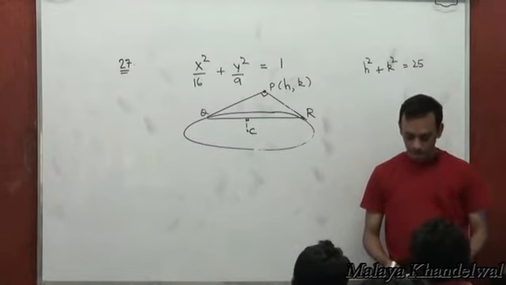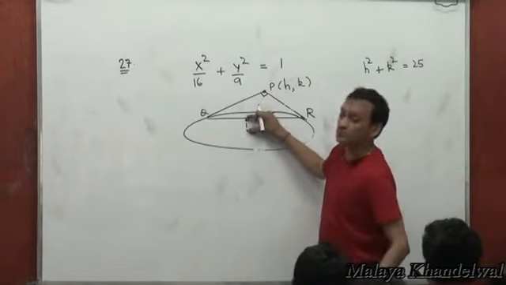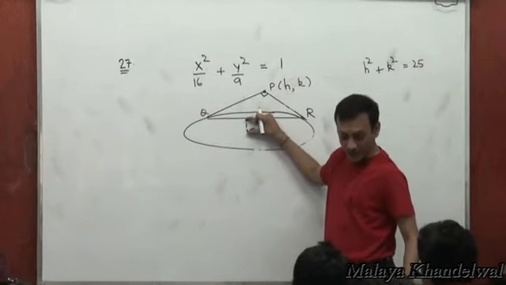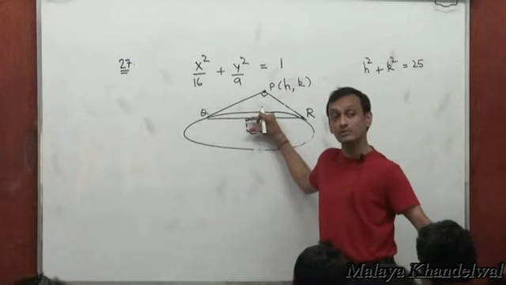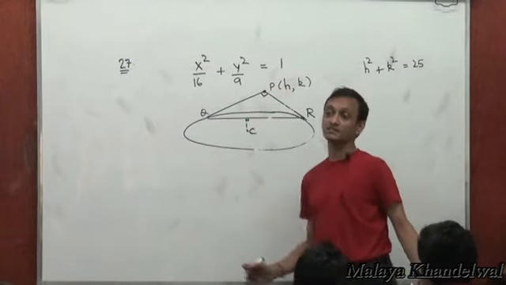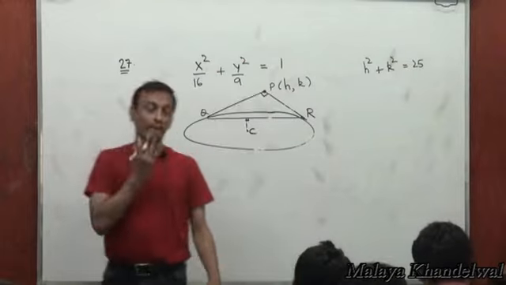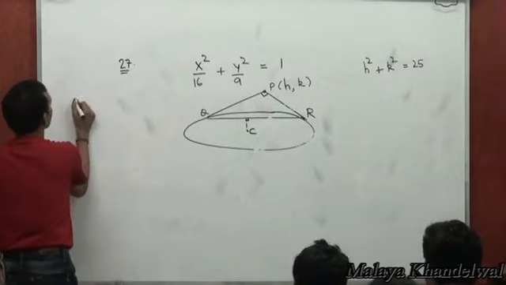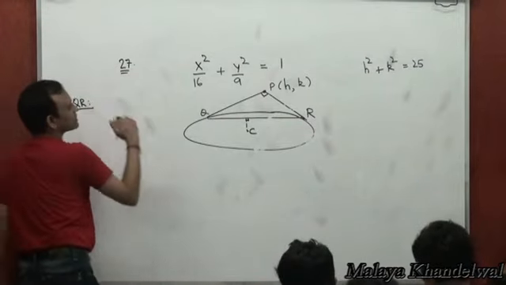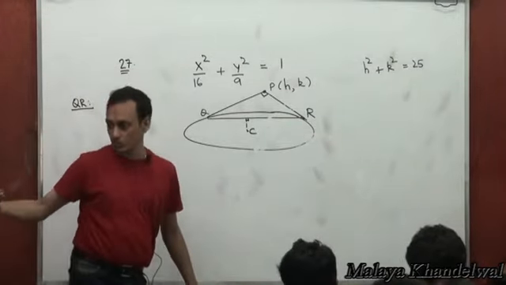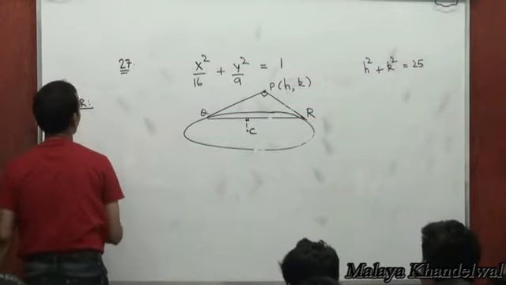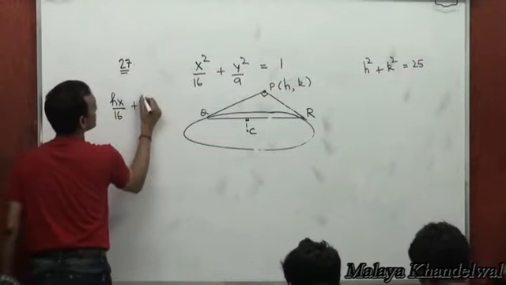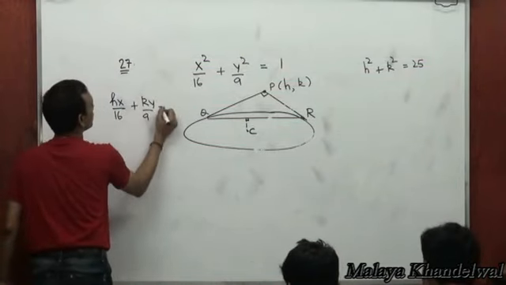We need to find the maximum distance possible. For different (h, k), you will have various distances from the center of the ellipse. We want to find the maximum possible distance. Now, first of all, the various QRs in terms of the various (h, k) would be T equal to 0, which would be hx by 16 plus ky by 9 equal to 1.